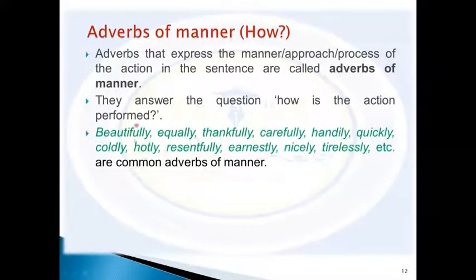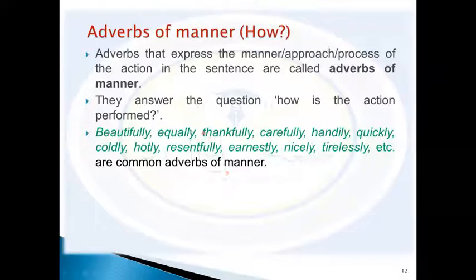So we think of beautifully, equally, thankfully, carefully, politely, handily, quickly, coldly, hotly, resentfully, earnestly, and also nicely and carelessly, etc. Such forms include ly: we add ly to the forms, and they are known as adverbs of manner.